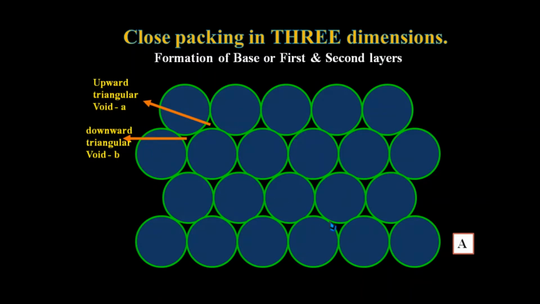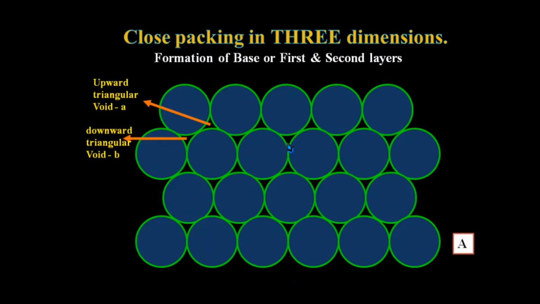In order to maintain the hexagonal close packed arrangement in the base layer A, the spheres of the second layer may be placed either on upward triangular voids, that is at these places, or on downward triangular voids.